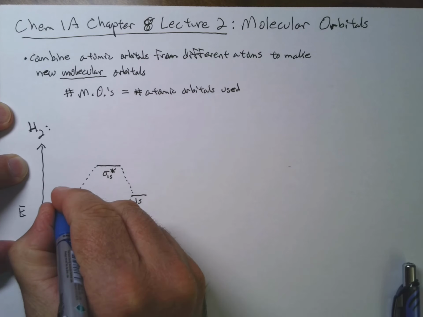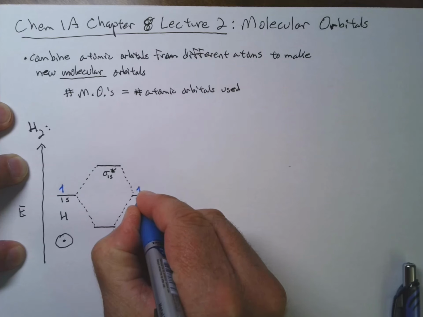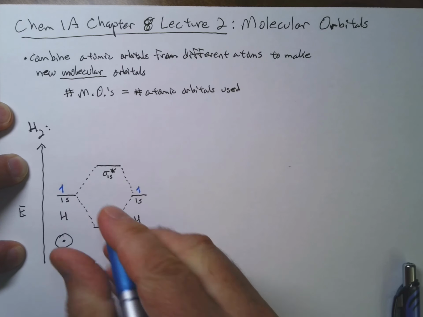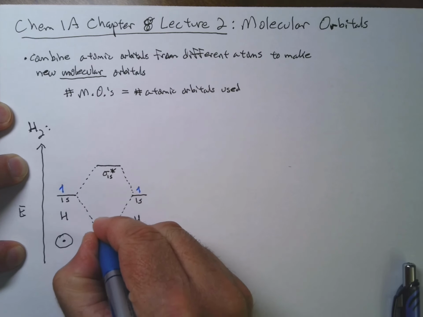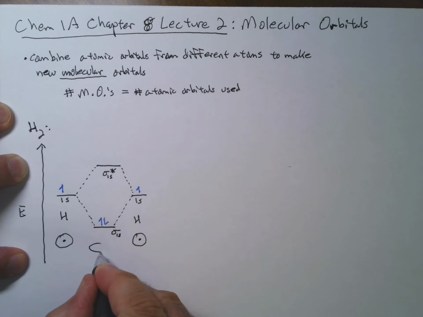Each hydrogen brings one electron to the party. So in the combined molecular orbitals, we will have 2 electrons in the sigma 1s orbital. And what that corresponds to is something that looks like this, where most of our electron density is in between the 2 nuclei.